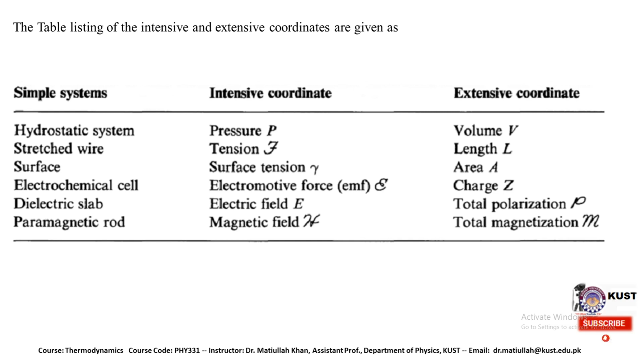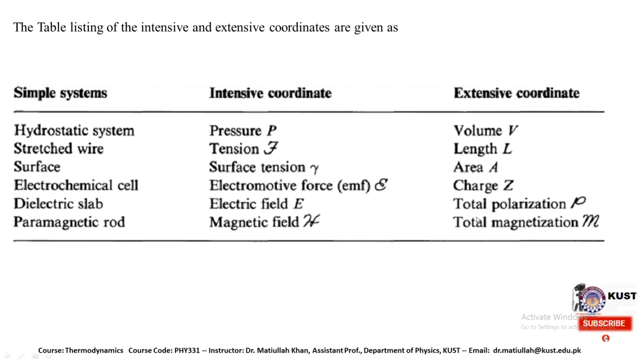For electrochemical cells, electromotive force is the intensive coordinate and charge Z is the extensive coordinate. For the dielectric slab that we discussed today, the electric field is the intensive coordinate and total polarization is the extensive coordinate.